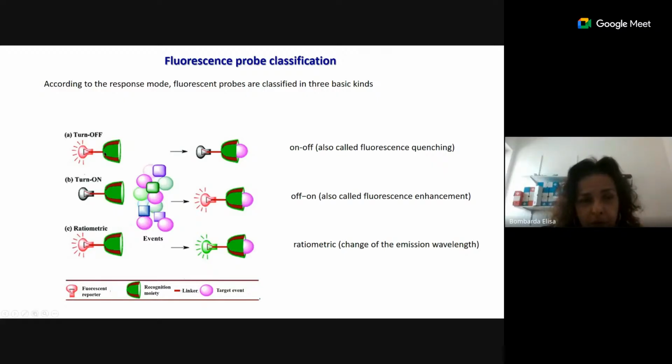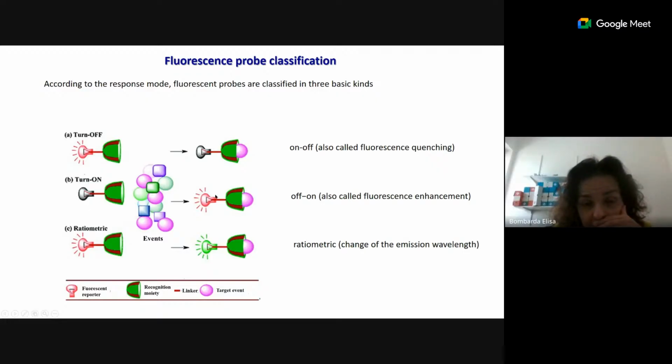In this way, you can have three kinds of probes: the on-off. That means the probe that was fluorescent before, when it is getting in contact with the event, is quenched.